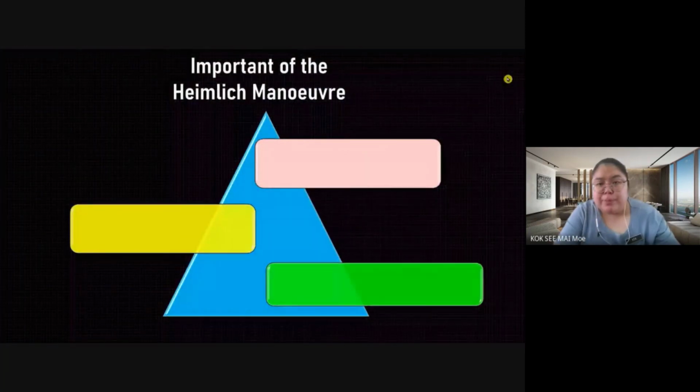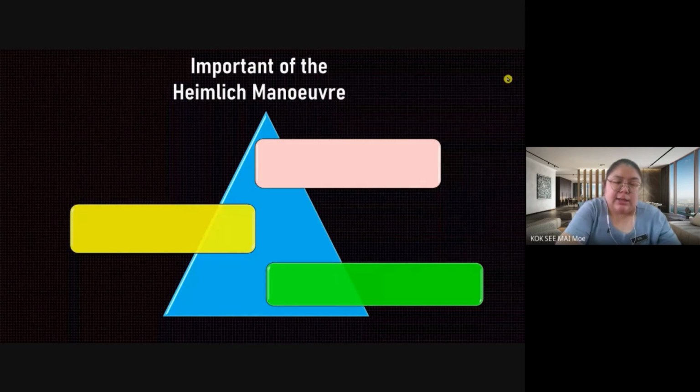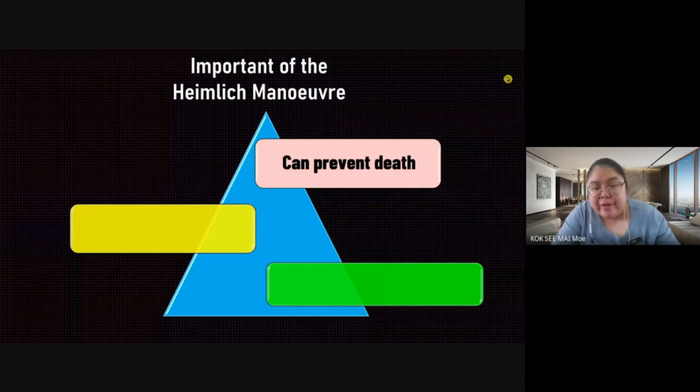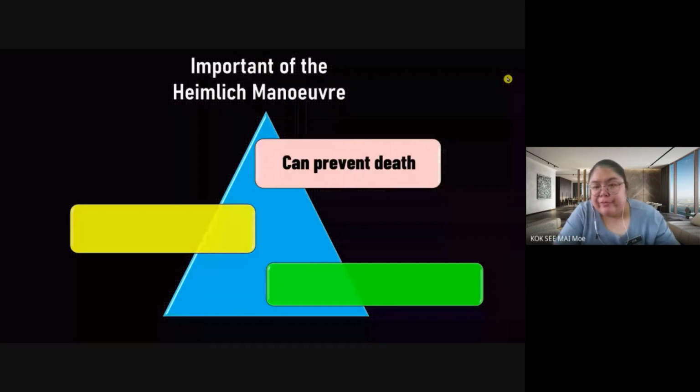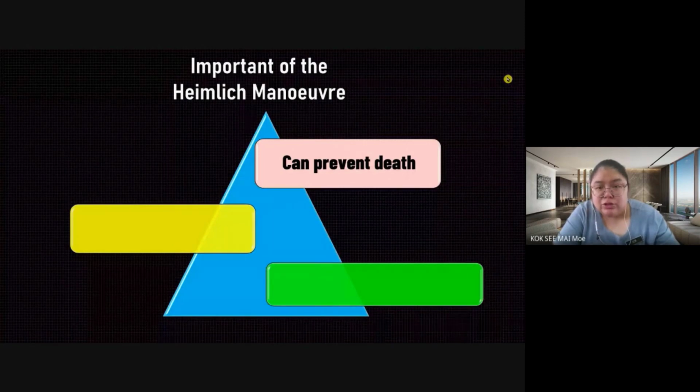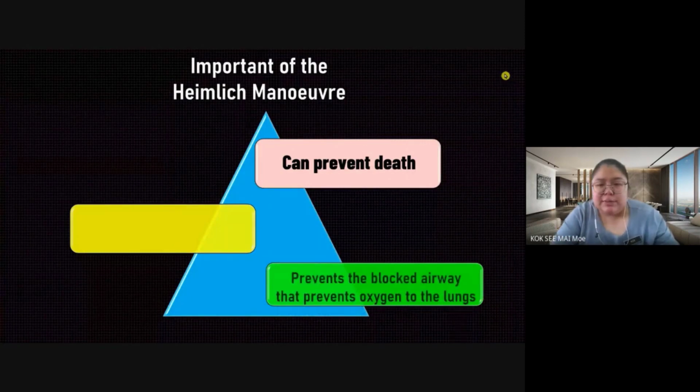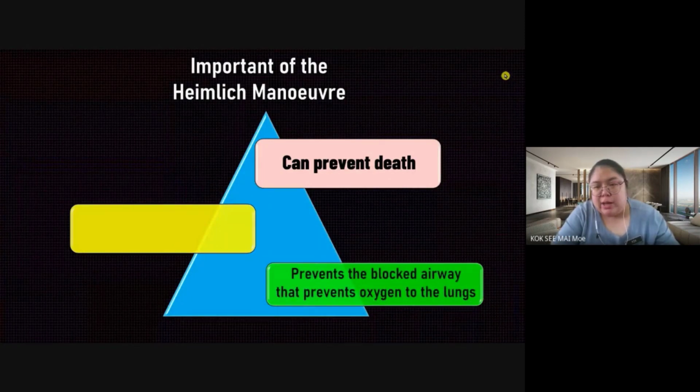So from here, what is important is, first, you want to prevent death. Prevent the victim from dying, so you need to do the process. Number 2, you want to prevent the blocked airway. If you do this, the food can come out, then the airway can be open. Prevent the oxygen from being unable to reach the lungs. So the first step must be to let out the thing blocking.